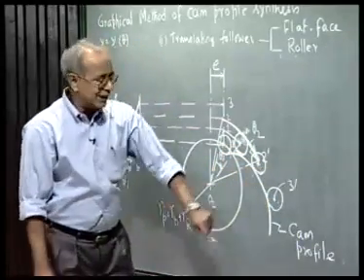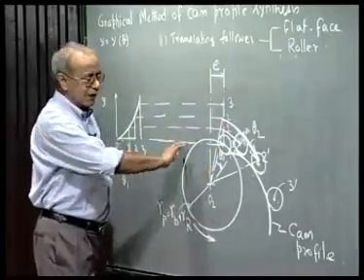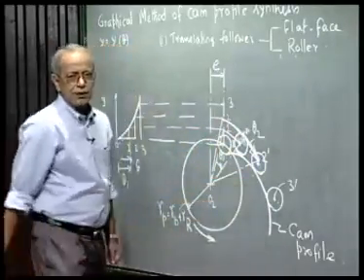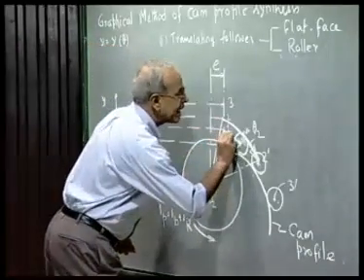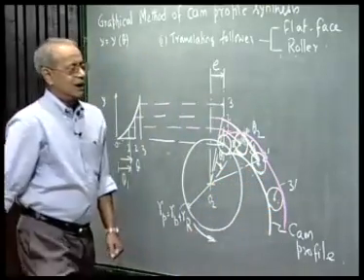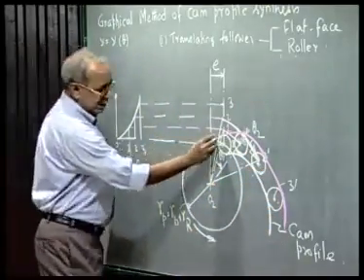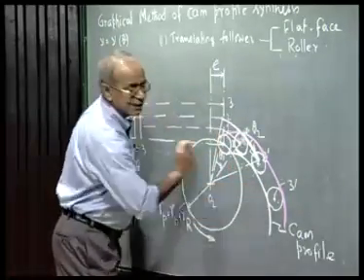Once I get the roller centers, I can draw the rollers, and the cam profile is the envelope to this family of circles representing the roller face. In fact, I can draw another envelope touching the circles on the outer side. This was touching the circles on the inner side.